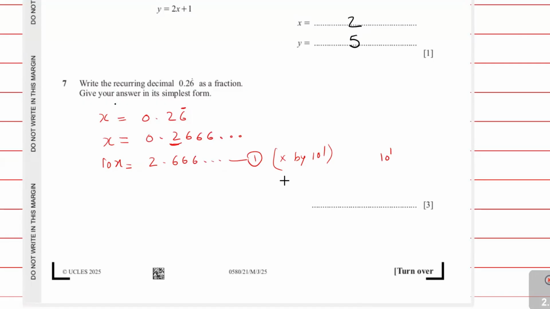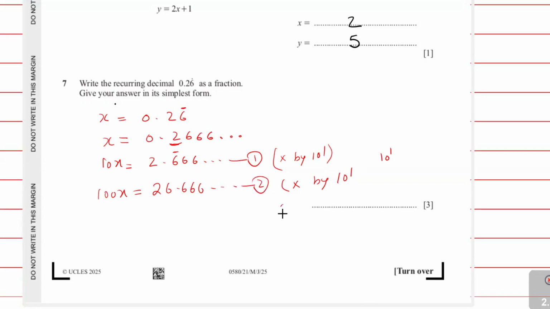Next, we will multiply the above equation by 10 power the number of recurring digits, therefore 10 power 1. And this equation becomes 10 into 10, 100x, equal to 26.66 dot dot, and this is equation number 2.